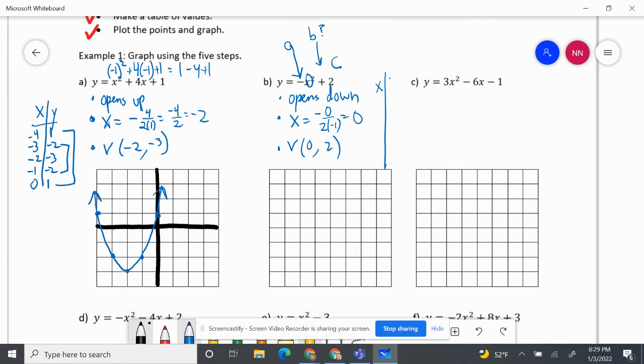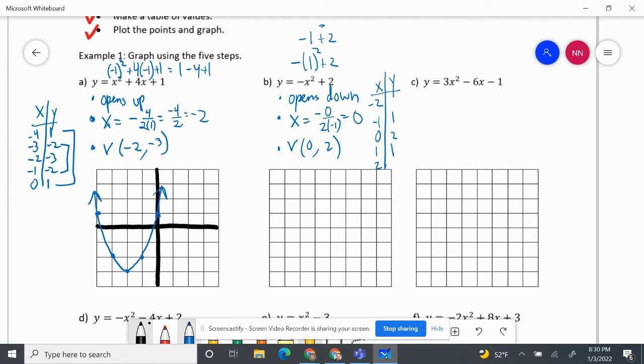Now I'm going to come up with my table of values. I have 0, 2 is the middle. I pick 2 points that are less than, 2 points that are greater than. I'm going to plug in the 1, and I have 1 squared. 1 squared is 1, but because of the negative there, it stays as -1 plus 2, which is 1.